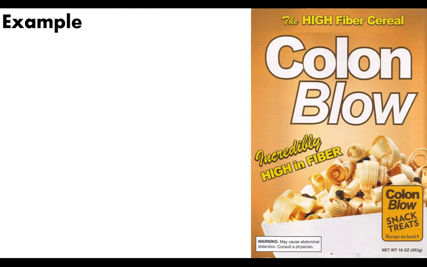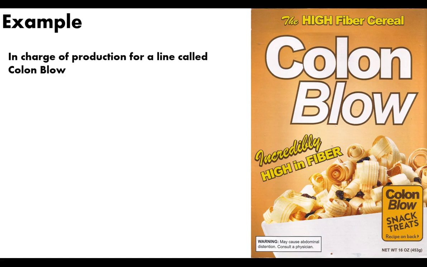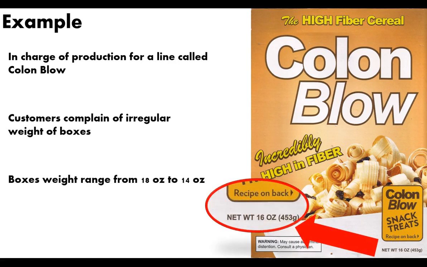This is an example we looked at a few modules ago, and it's actually kind of an interesting example. We've got some numbers behind it. We've got this Colin Blow, a fictitious company that makes cereal. They have a product line called Colin Blow. The customers were complaining about the irregular weight of the boxes. They were supposed to be 16 ounces, and they're seeing them come in anywhere between 18 and 14 ounces.